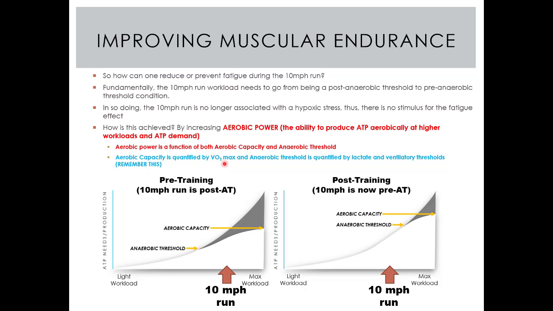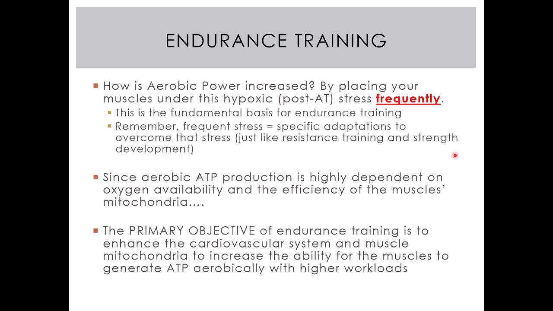Now, in the last lecture, we discussed the factors that contribute to VO2 max, which have to do with the cardiovascular system's capacity to deliver oxygenated blood to muscle and for the muscle to uptake that oxygen. So we are alluding to the fact that an improvement in aerobic capacity, or VO2 max, has a lot to do with changes or adaptations that occur in the cardiovascular system. More on this later.